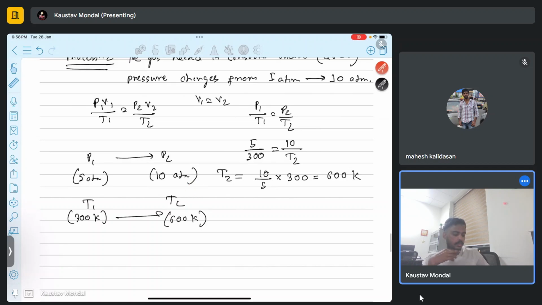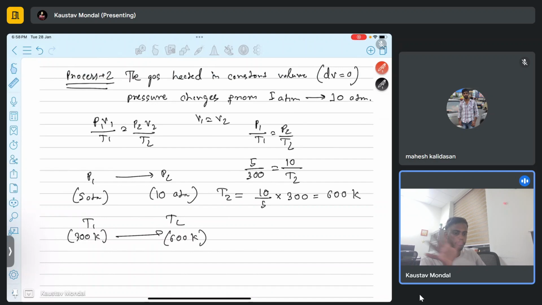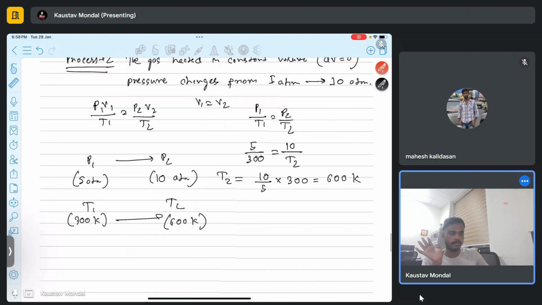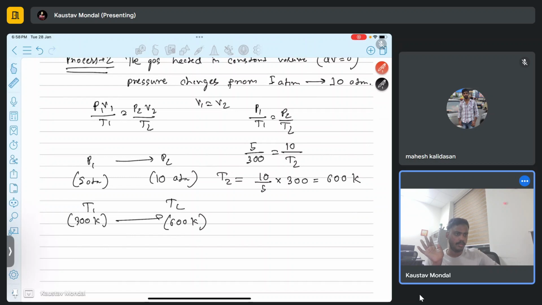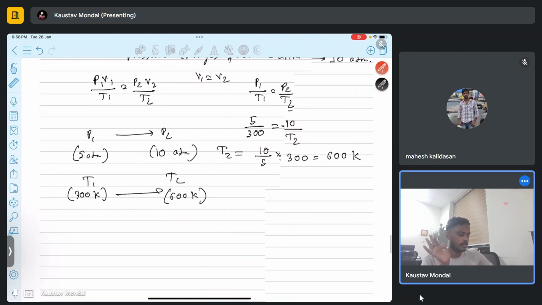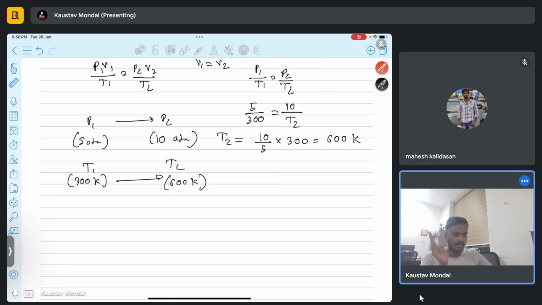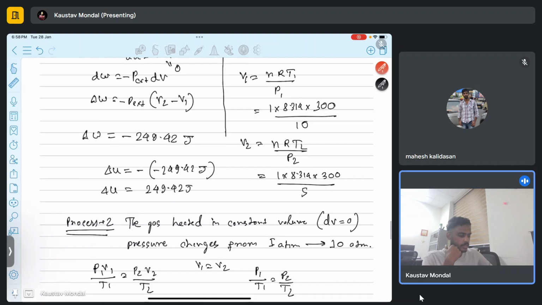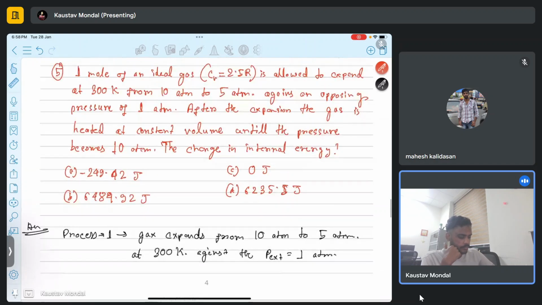Volume remains as it is. Now during this process, T is changing, and that's a significant thing. We already know that delta U is equal to n CV dT. In this problem, the CV value is already given because we need this information.